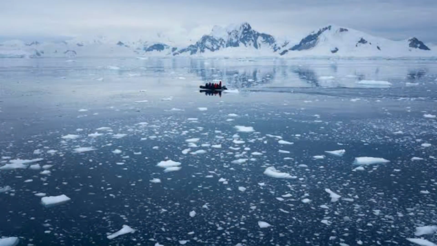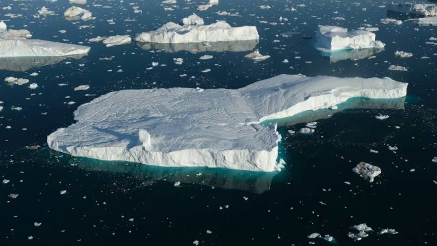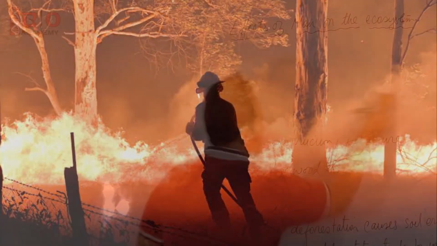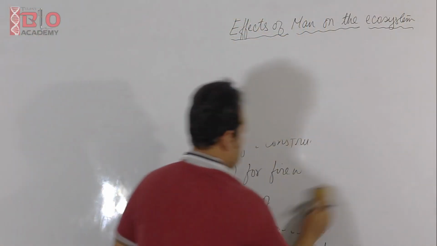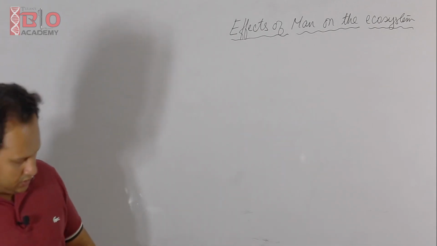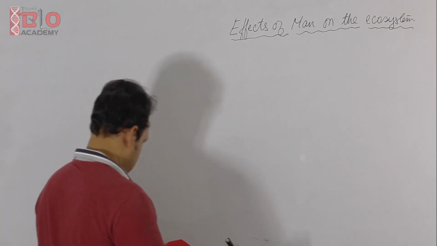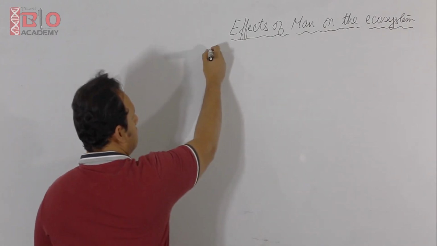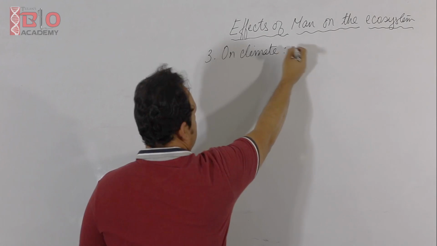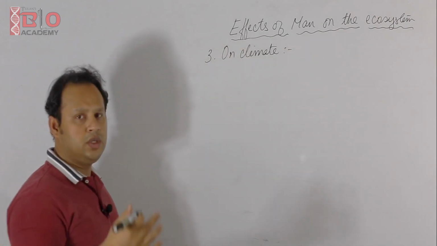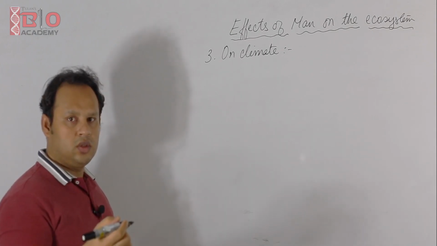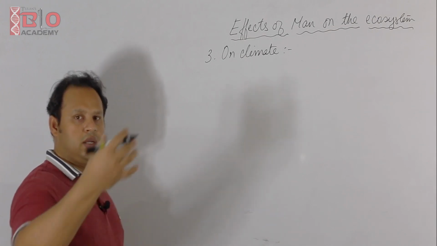Number 2 was water retention, number 3 is on climate. Obviously if you're cutting down trees, then you are actually tampering with the water cycle, as plants cause transpiration and loss of water, and there is a cycle going on.